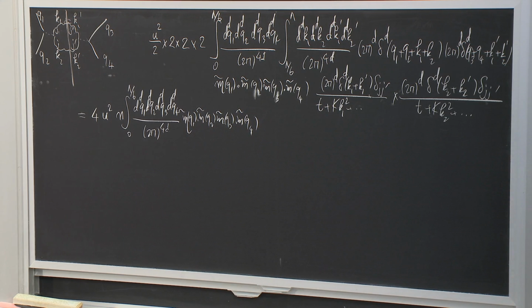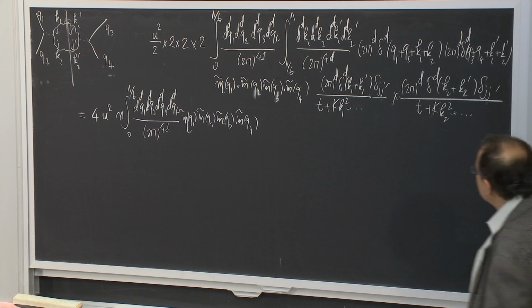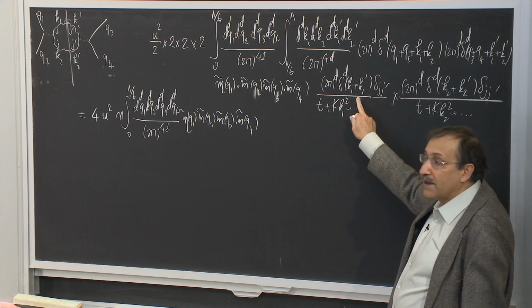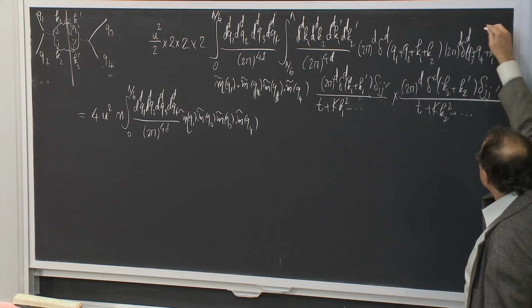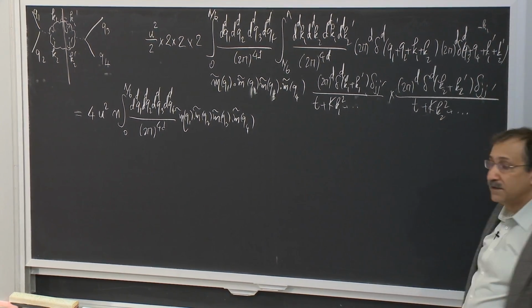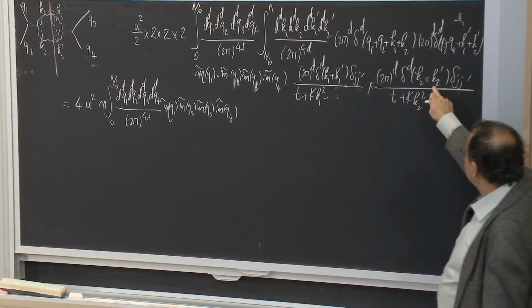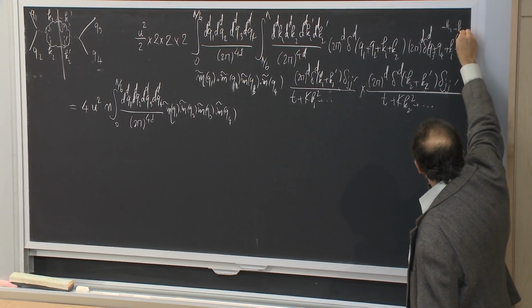Now note the following. If I do the integration over k1, prime is set to minus k1. If I do the integration over k2, prime is set to minus k2.